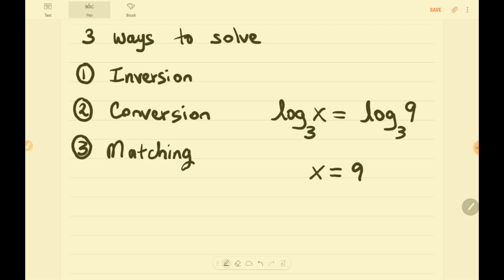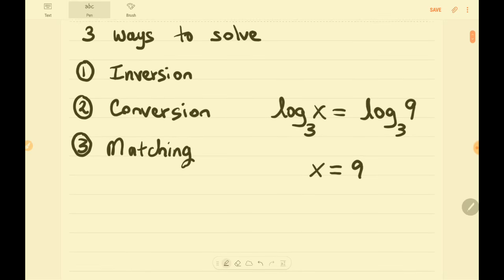And so matching, inversion, conversion, one of those three ways is going to work for any given problem. It may be that one way is more efficient than another, or it may be that only one approach is going to really work. So let's go and look at some examples.